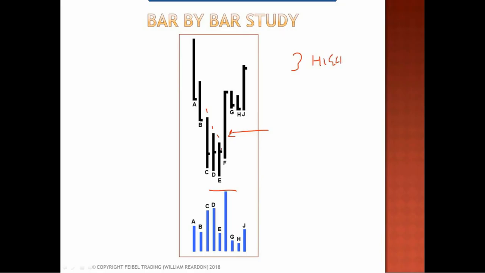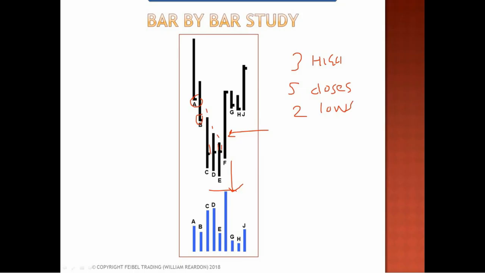We close above 1, 2, 3, 4, 5 closes. And we close above 2 lows. With no downside continuation. So buyers, we could say, are in full control.